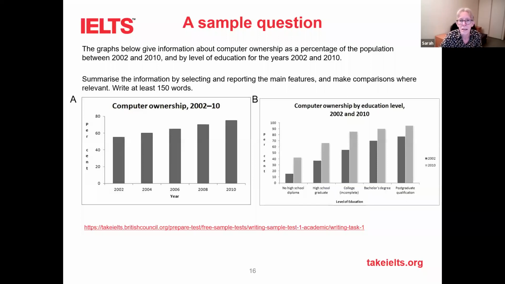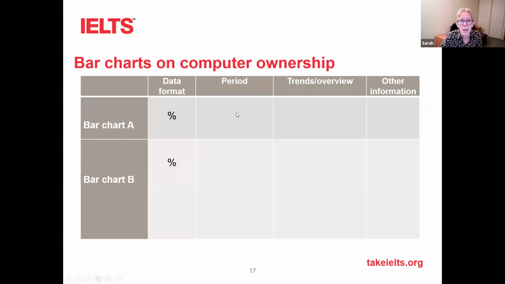Yes, Anna, percentage. Excellent. This is a fairly fancy sort of chart, but actually this is something that students can do very, very quickly on the test paper, just draw up and work out the other information. So the data format is important. Bar chart A is percentage, bar chart B is percentage.